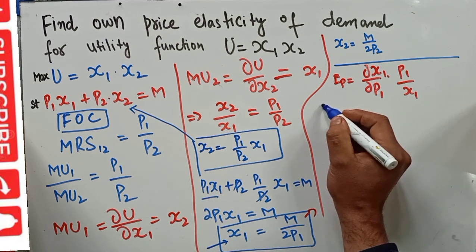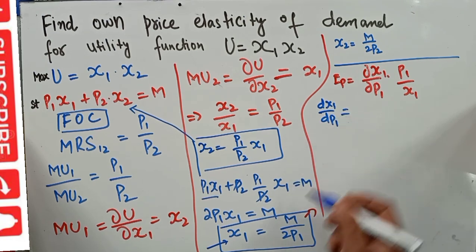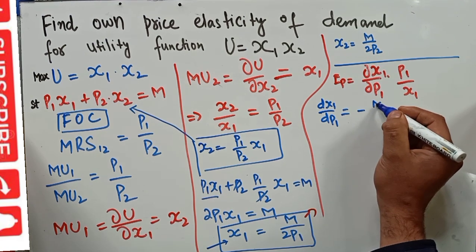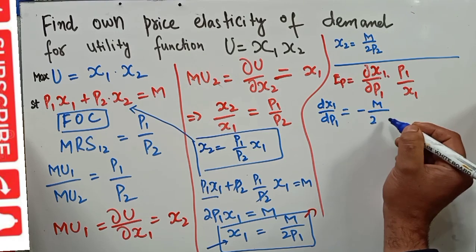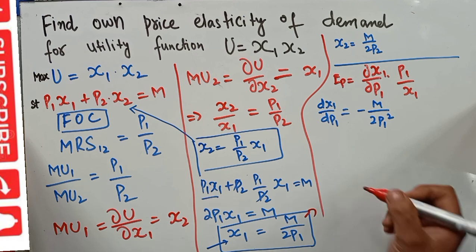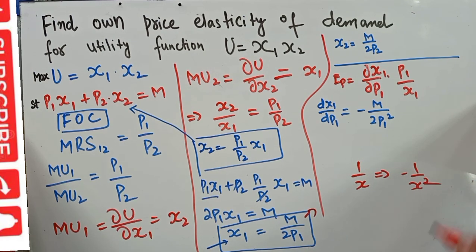Now the derivative of 1 upon p1 will give minus m upon twice p1 square. This is because if we have 1 upon x, its derivative is minus 1 upon x square.